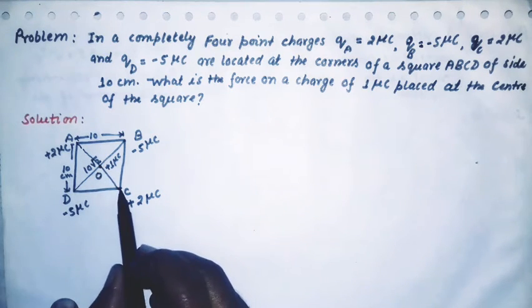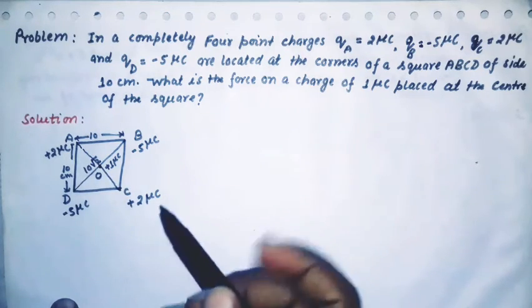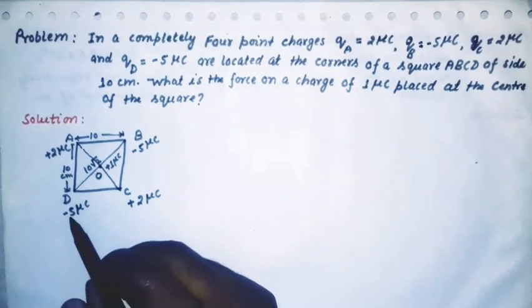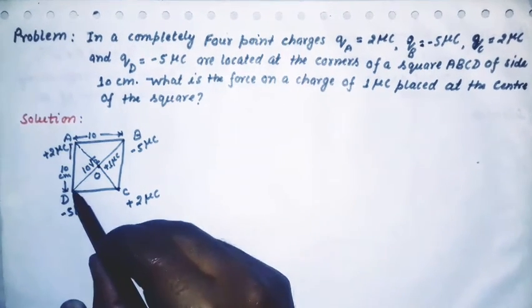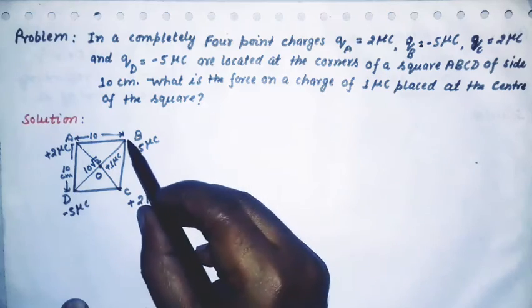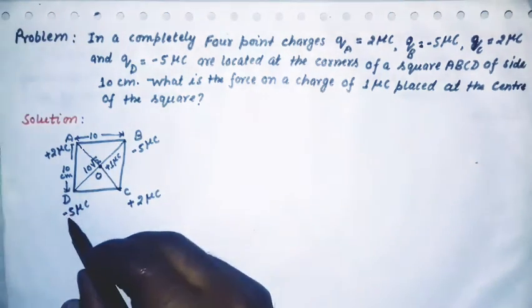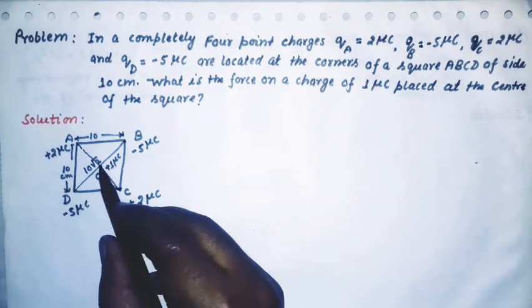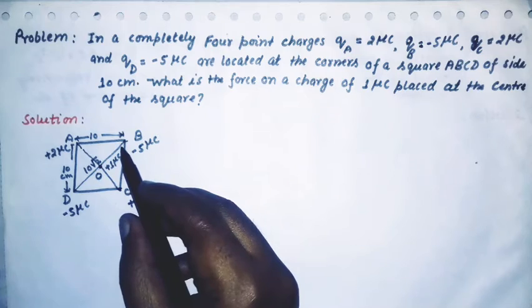So the force between this and this, and the force between this and this, will cancel each other. Similarly, this is minus 5 microcoulomb and this is minus 5 microcoulomb. So the force between this and this charge and the force between this and this charge will cancel each other, because this force and this force will be equal but opposite in direction.